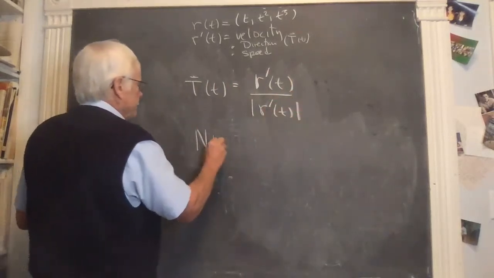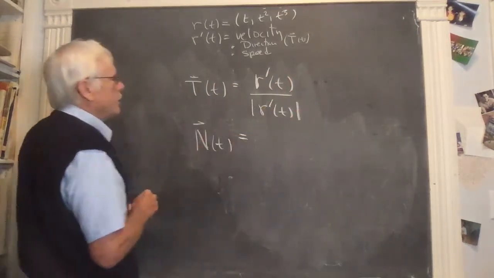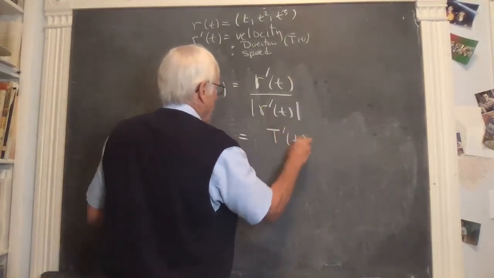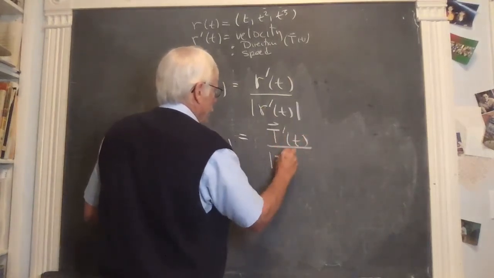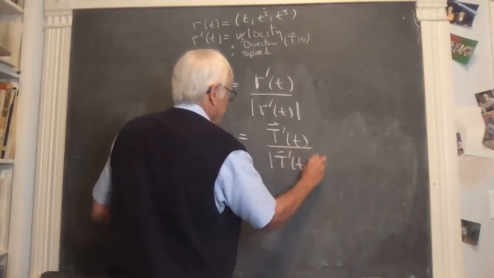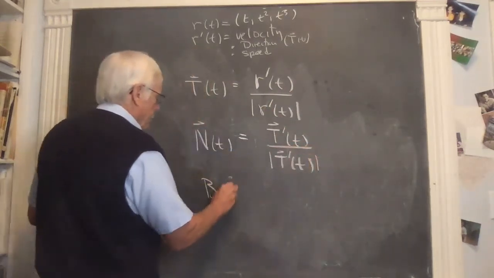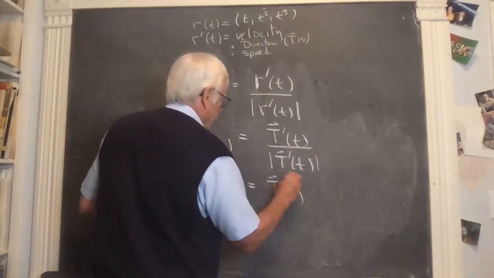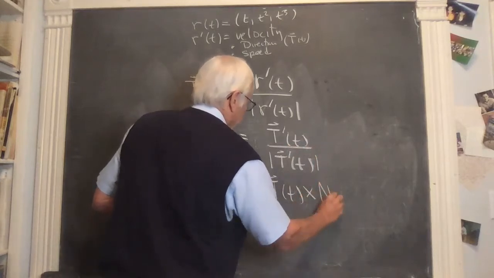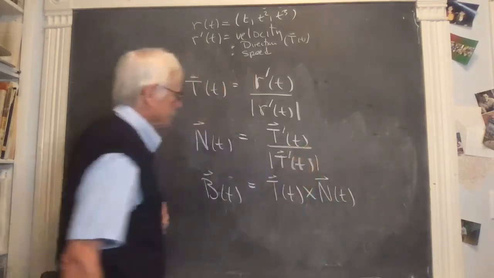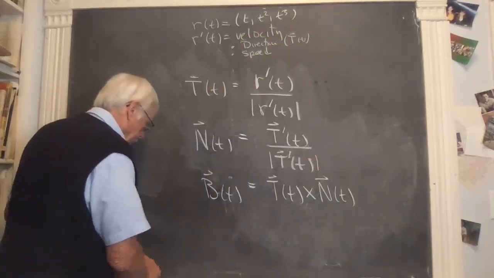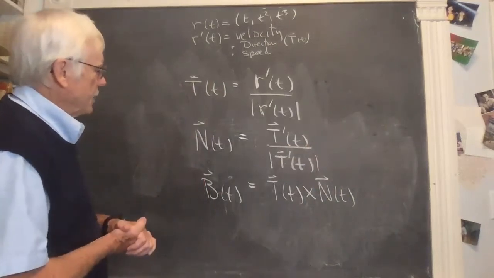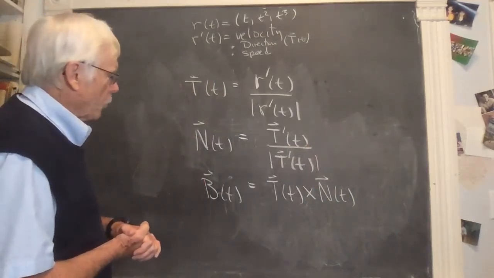N of t, the formula for that is T prime of t divided by the length of T prime of t. And then B of t is T of t cross product with N of t. So these are the 3 vectors that I'd like you to know.